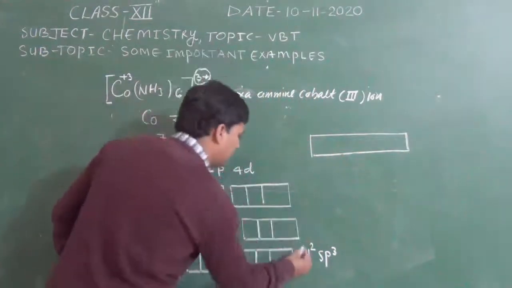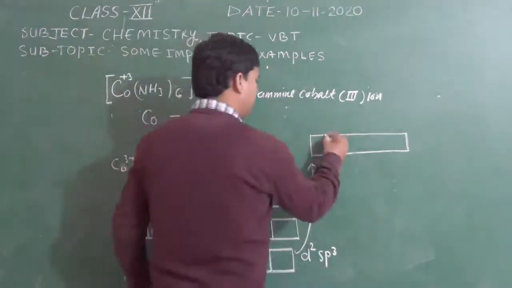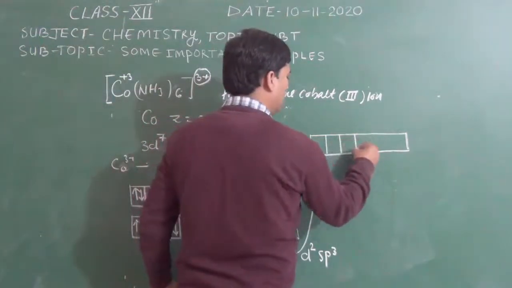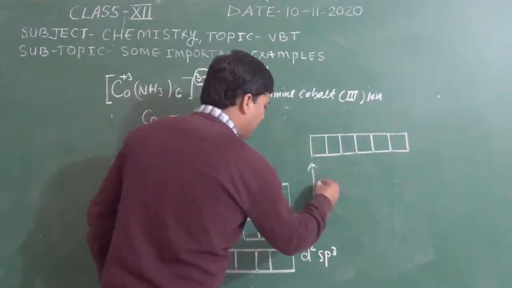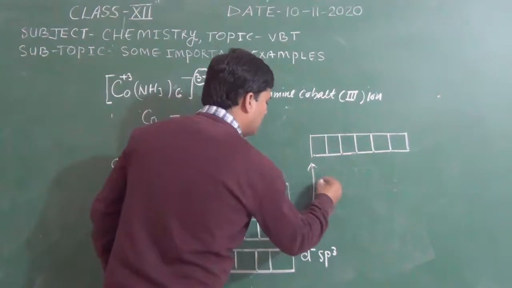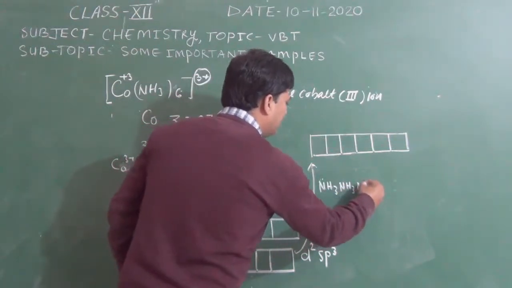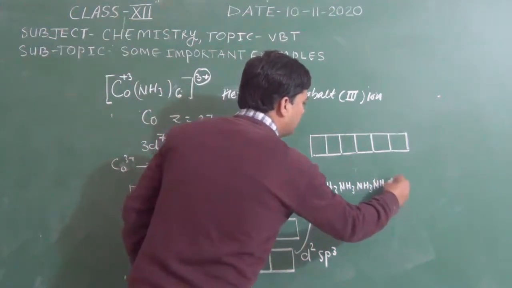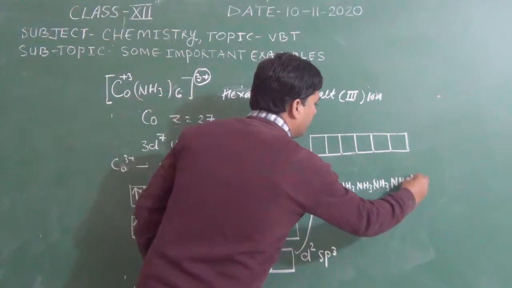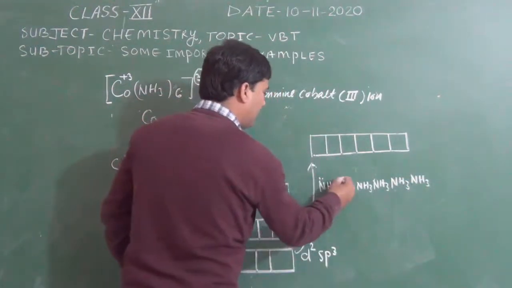We can draw these orbitals in this way again, 1, 2, 3, 4, 5 and 6. Okay, so how many ammonia? Neutral ligands 6. NH3, this is the second NH3, this is the third NH3, this is the 4th NH3, this is the 5th NH3 and this is the 6th NH3. Each contains a lone pair of electrons.